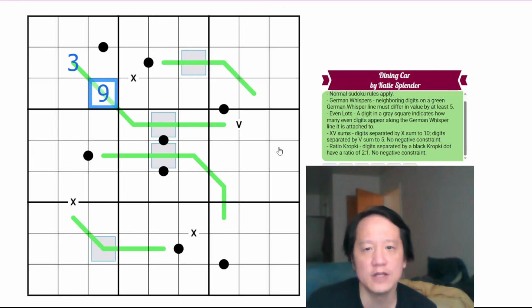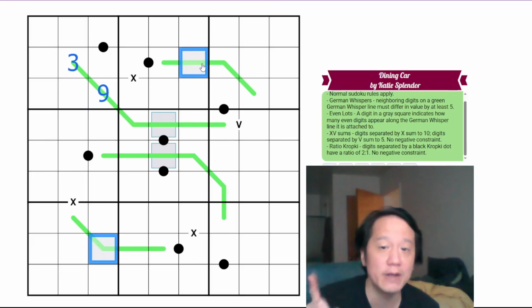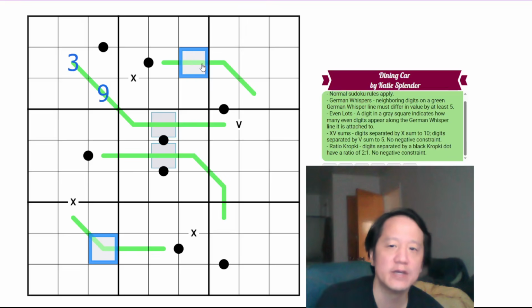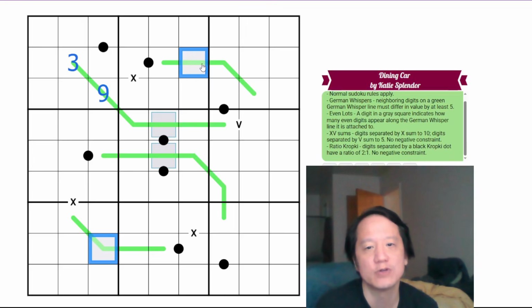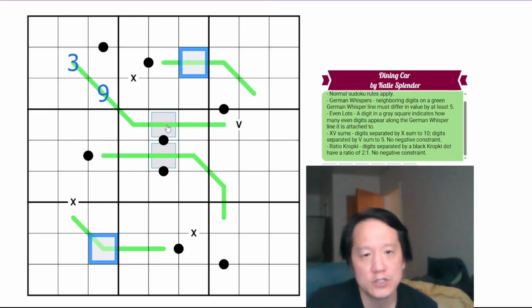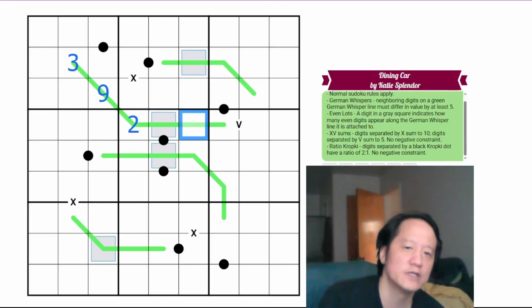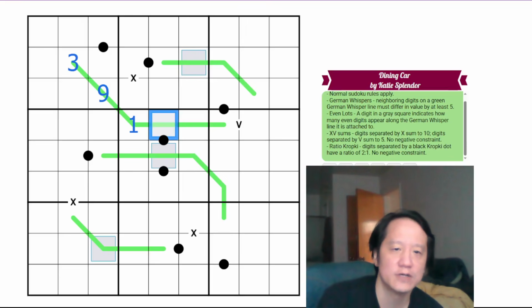We have even lots, where a digit in a gray square indicates how many even digits appear along the German whisper line it is attached to, or the whisper 5 line that it's attached to. So, say this was 3, 9, 2, well, that's not going to work. 3, 9, 1, nope, that's not going to work either.